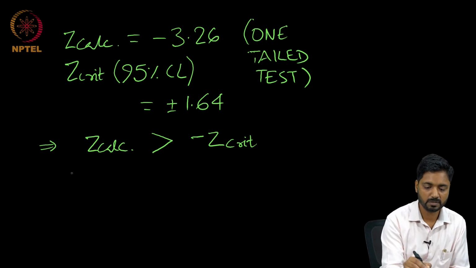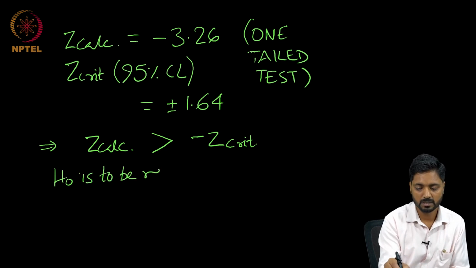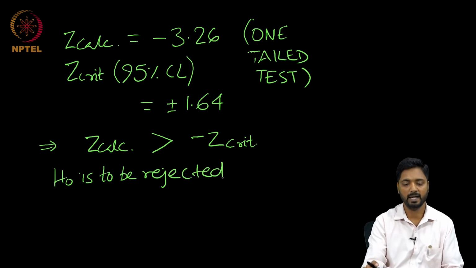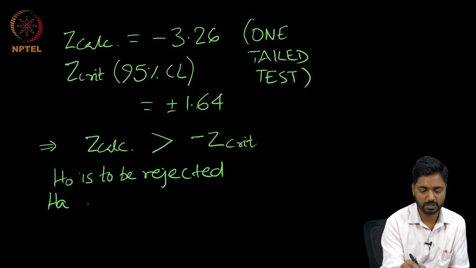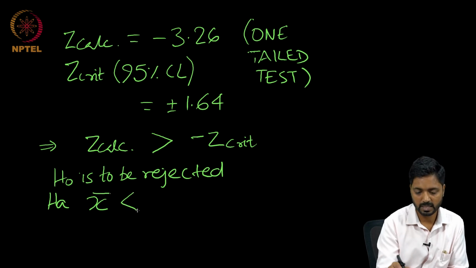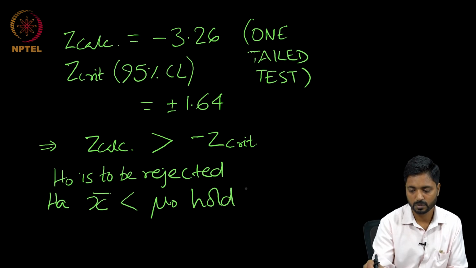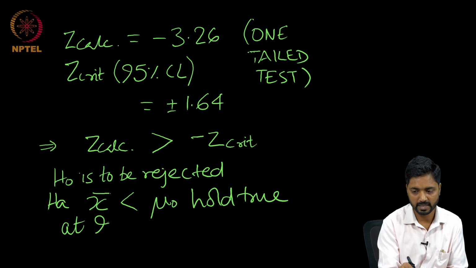In other words, even here the null hypothesis is to be rejected and the alternate hypothesis, which is x bar is less than mu naught, holds true at 95% confidence level.